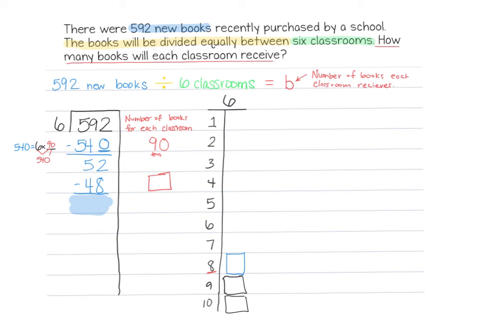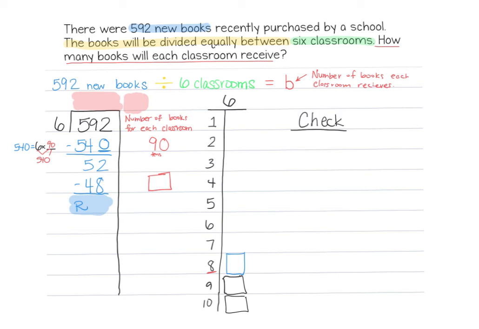So that is our remainder. Make sure that you write your answer above how many books will each classroom receive. And don't forget the remainder, okay? Because we know that there is one in this problem. Pause the video so you can do that.